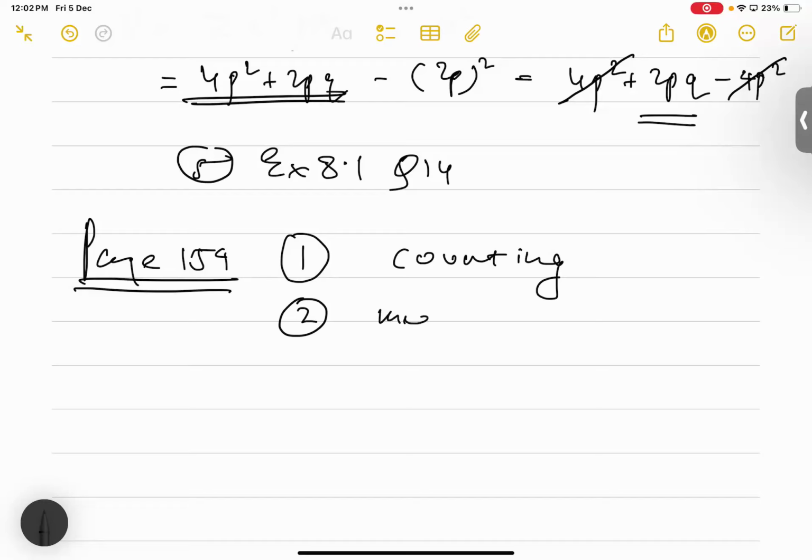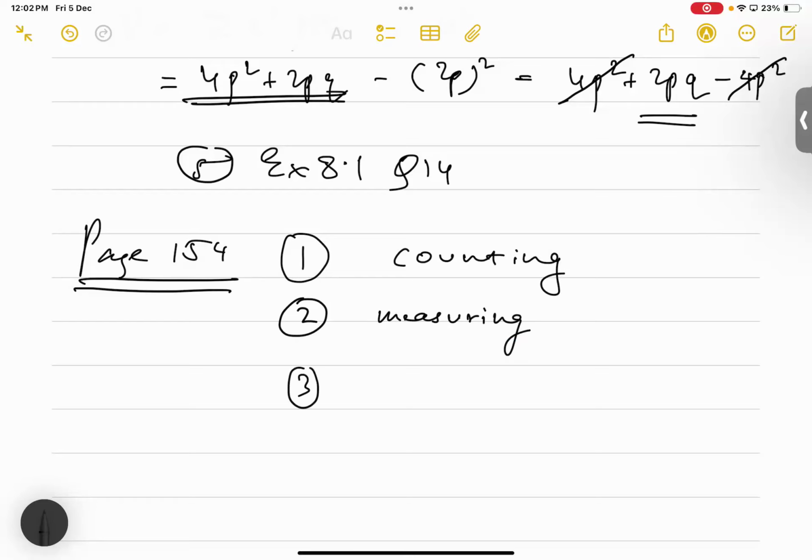Measuring. Okay. Third one. X is a discrete random variable that takes values x1, x2, x3. X is the event. And sum of all probabilities is equal to what? What is the answer? 1. It's 1. Okay.